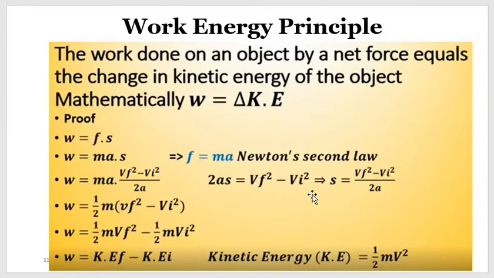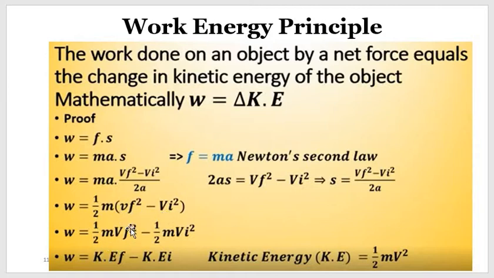So from that we can write the expression for displacement in terms of velocity as s is equal to vf square minus vi square divided by 2a. So substituting that value here, it gives work is equal to ma into vf square minus vi square divided by 2a, and this a cancels. So the remaining term is W is equal to half m into vf square minus vi square.